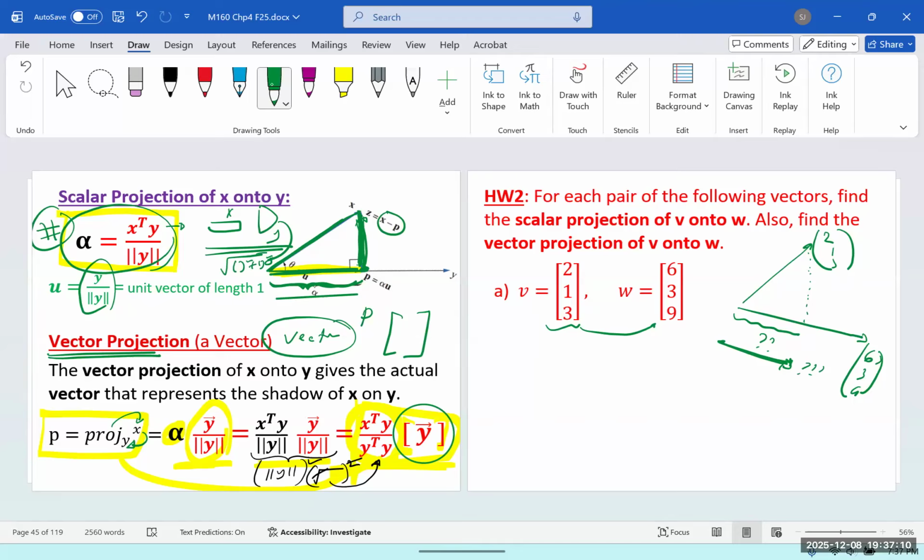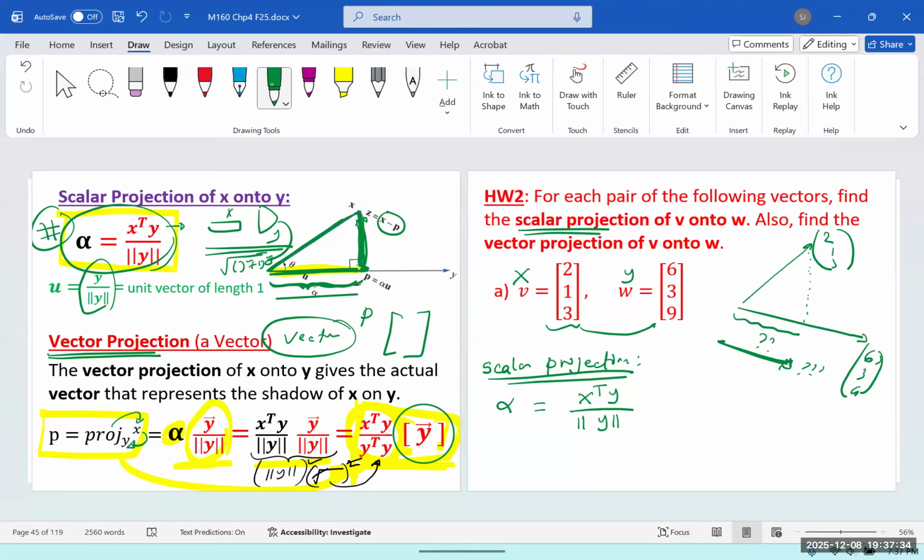So first we do scalar projection. The scalar projection has a formula: alpha equals x transpose y divided by the norm of y. Here they didn't give us x and y, but this is x and this is y.